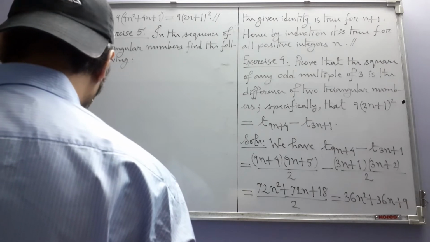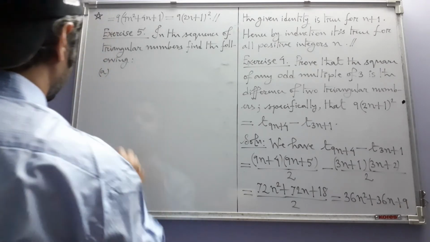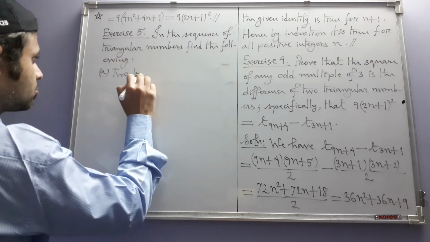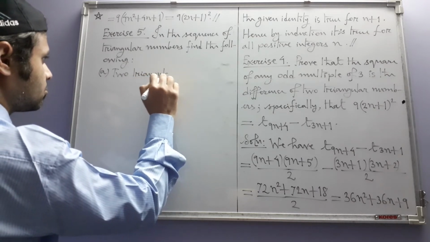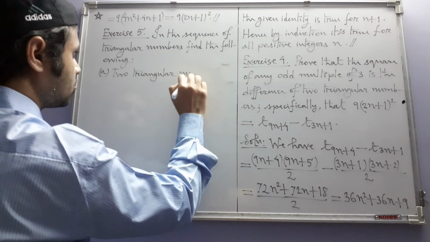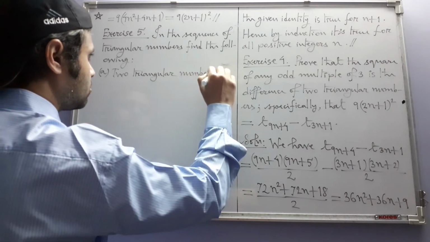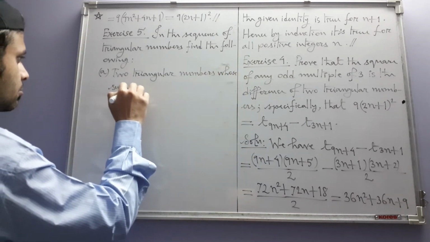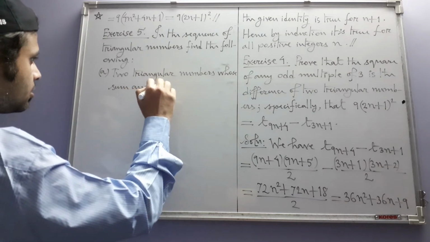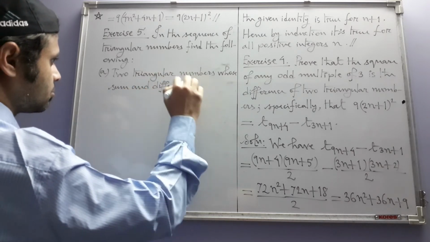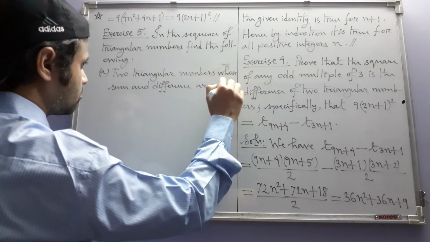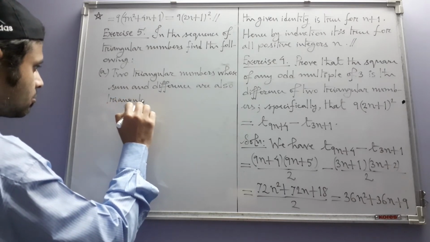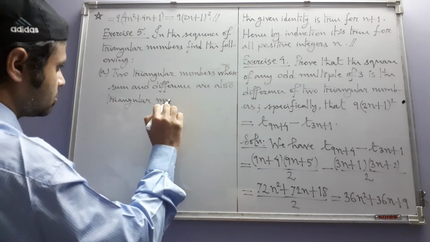A: two triangular numbers whose sum and difference are also triangular numbers.